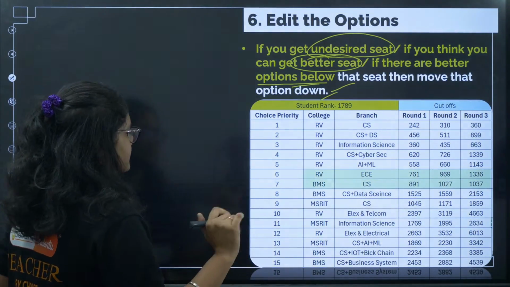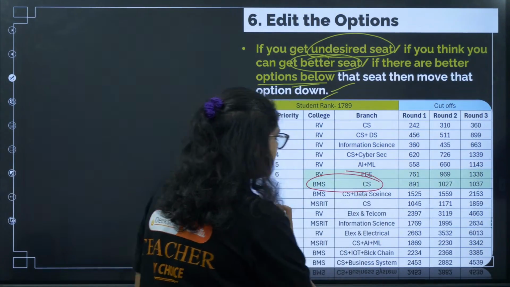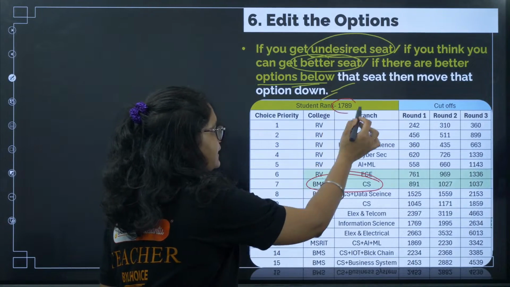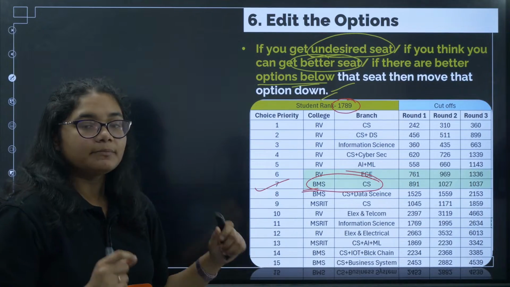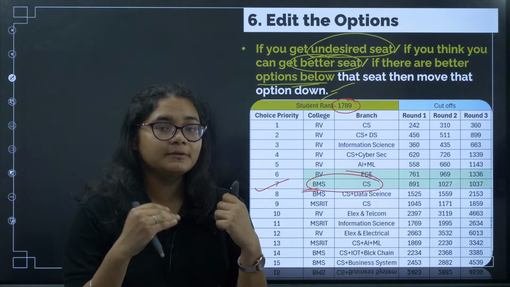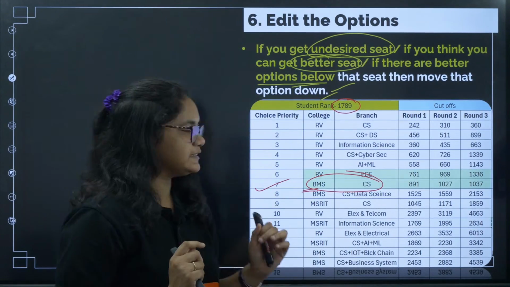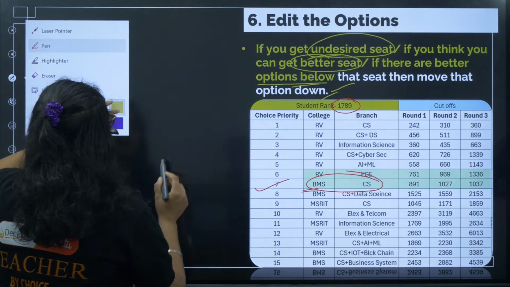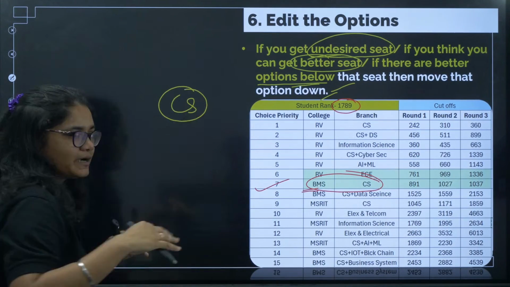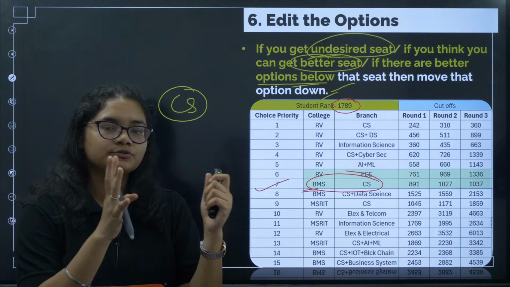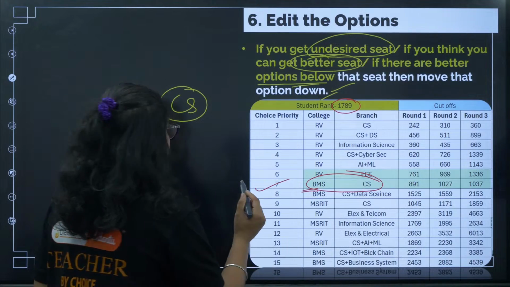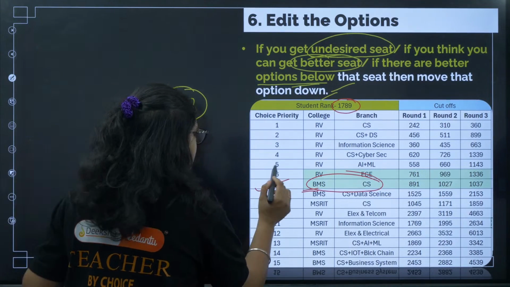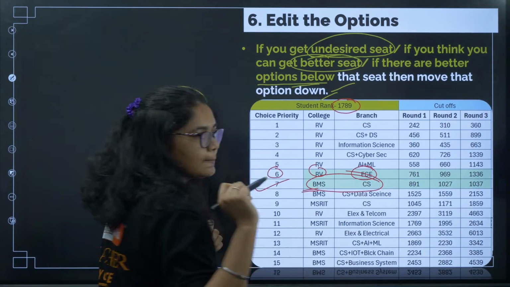Suppose the student with 1789 rank has got BMS College of Engineering with CS, but the student's preferred branch is computer science. For example, the student wants to study computer science irrespective of any college. Now if you look at this option entry, the 6th option here is RV College ECE, right?